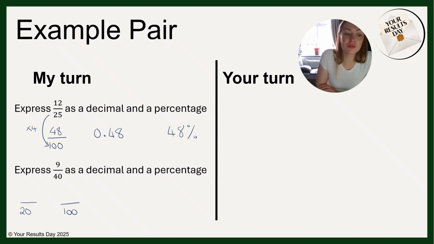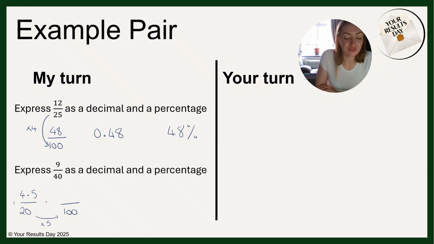So use something you're confident with. So to get from 40 to 20, I divide by 2. 9 divided by 2 is 4.5. Remember what I said? We don't leave fractions with decimals in, but as part of our working, it's absolutely fine. And then to get from 20 to 100, I times by 5.